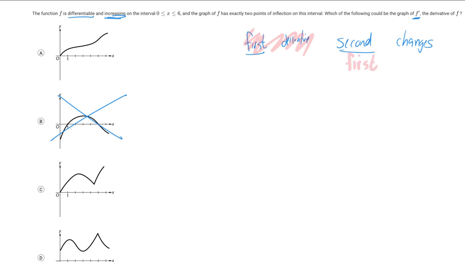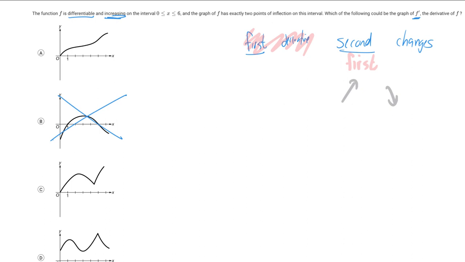All right, so that means the second derivative, when we're thinking about this graph, has to do with increasing and decreasing. So if my derivative changes from increasing to decreasing, that means my second derivative will hit 0, which means my original function back at the beginning will have an inflection point.